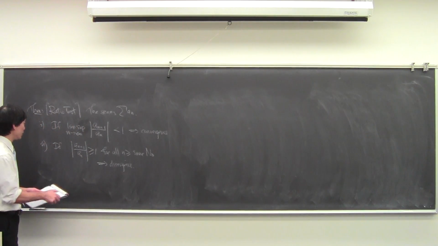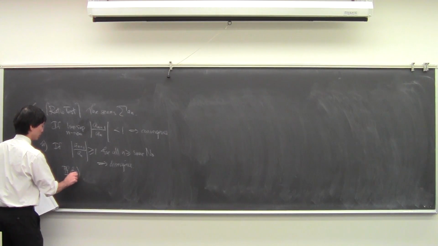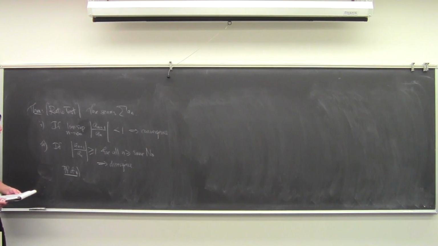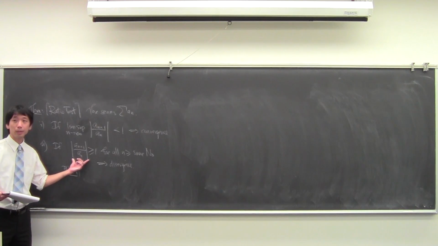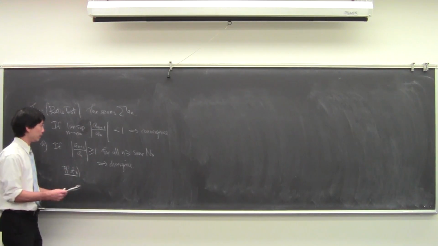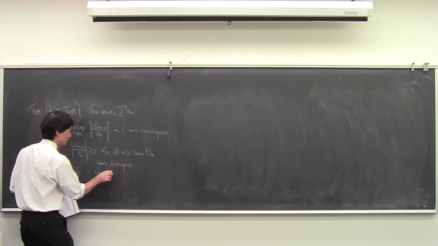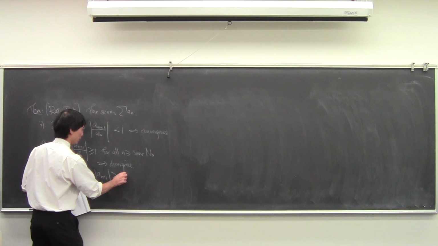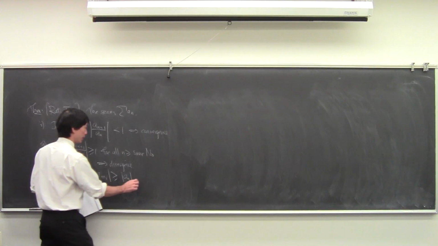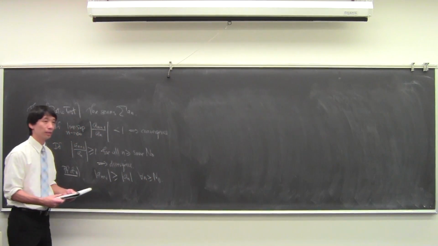Let's think about number 2 first. This, I think, should be clear. If this happens, then the modulus of a sub n plus 1 is bigger than the modulus of a sub n for all n past some n naught.